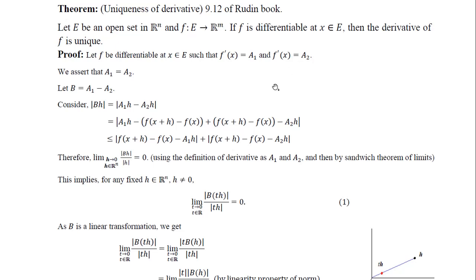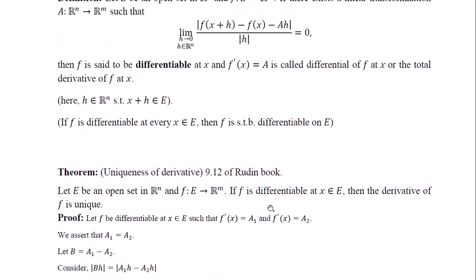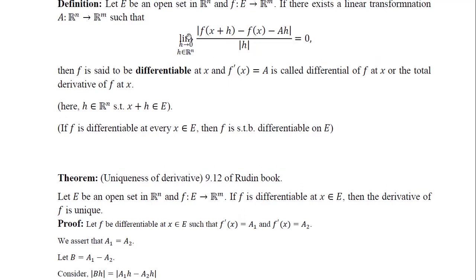So by the definition, let us apply this for A1 here in the definition. What we get is the limit as h tends to 0, where h is a vector in Rn, of the norm of f(x plus h) minus f(x) minus A1h, upon norm h, is 0. And in a similar way for the derivative at x equal to A2, the similar limit equal to 0 will hold when we have A2.